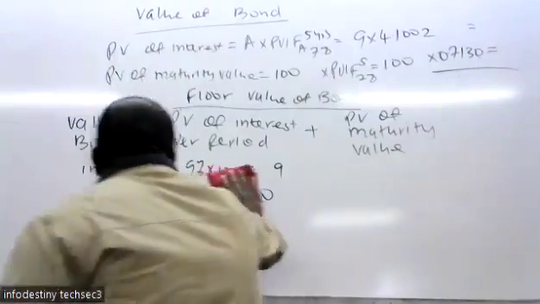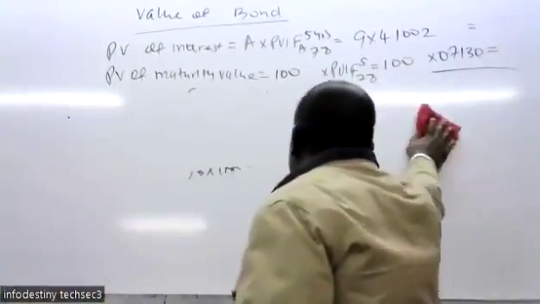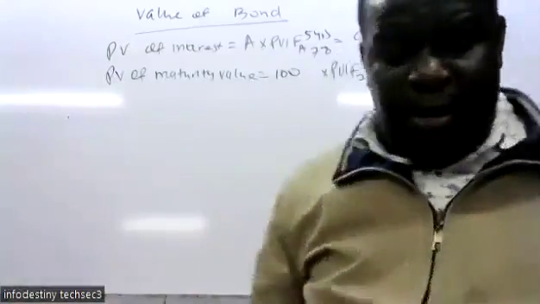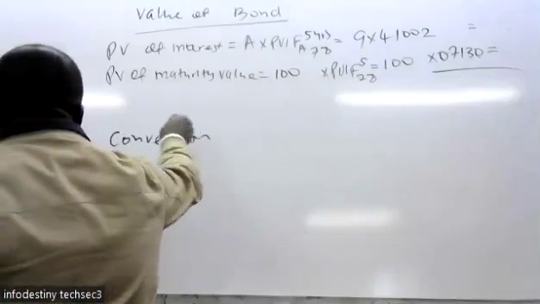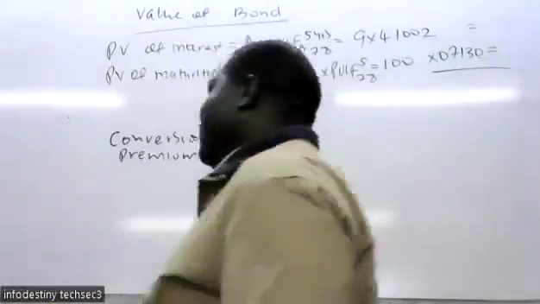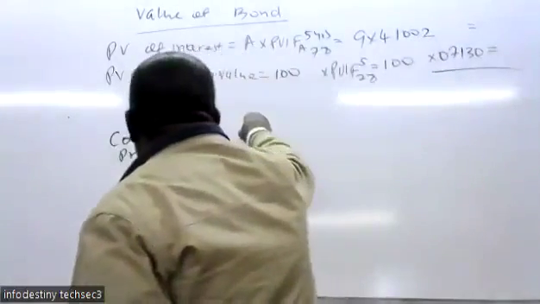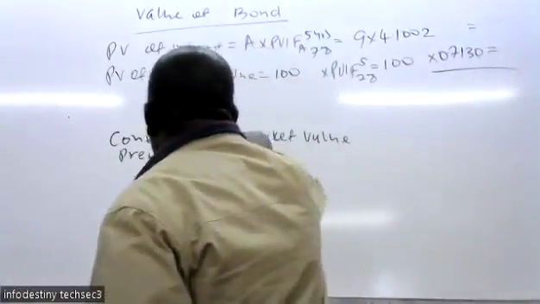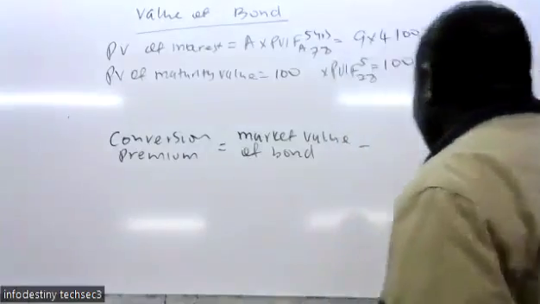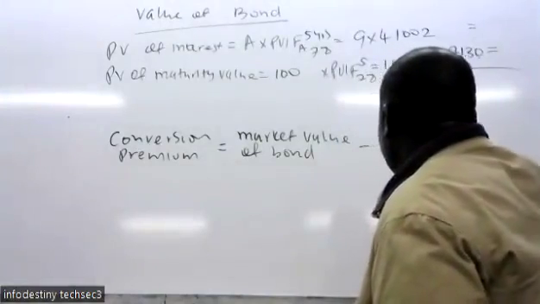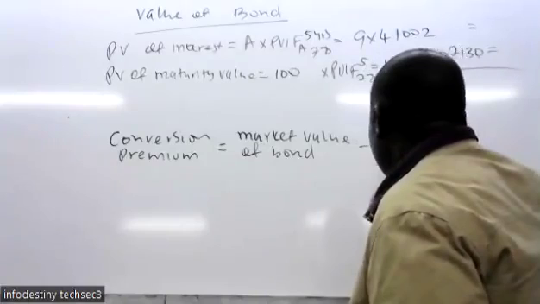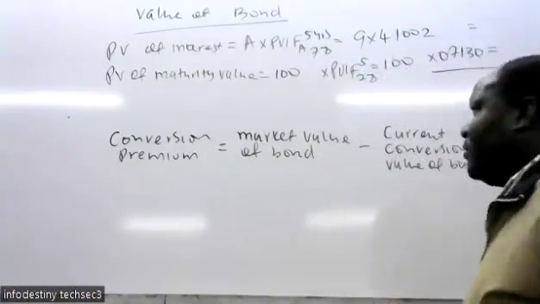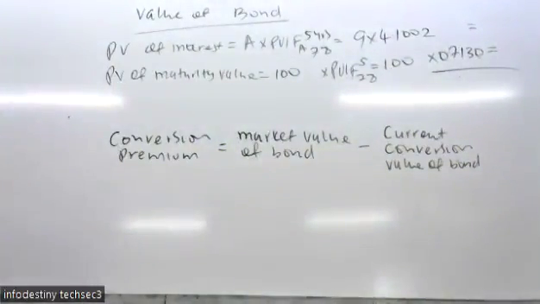Conversion premium is given by the market value of the bond minus the current conversion value of the bond.